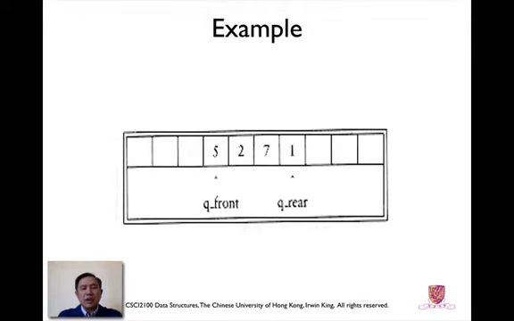We could implement this as an array. In this example, the queue front is 5 and the queue rear is 1. So inside the queue, we have elements 5, 2, 7, 1.